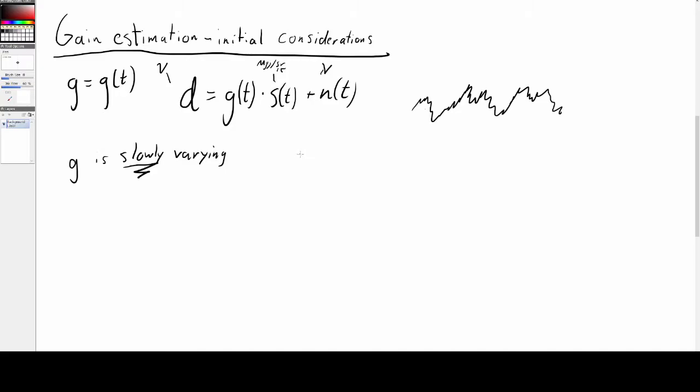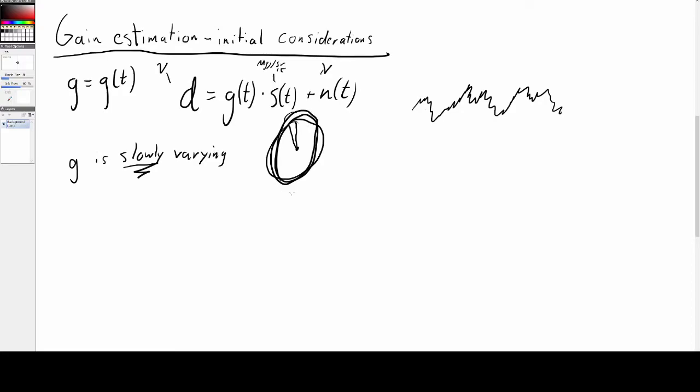And for Planck, as I said, what slowly means is a matter of definition. What we did in Planck, when we reanalyzed the beyond Planck data, was to assume that the gain was constant over a period of an hour. Because Planck measured these great circles on the sky for about an hour before it readjusted and scanned another circle.